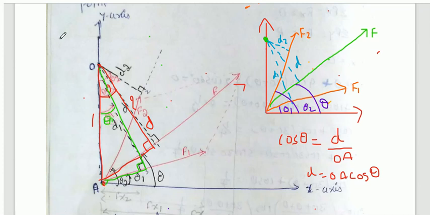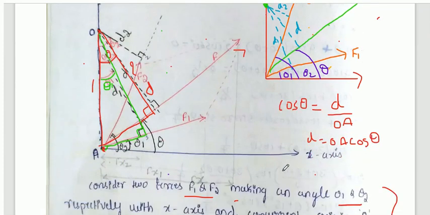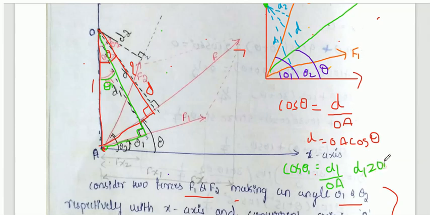So from this, what is the value of cos theta 1 and what is D1? Cos theta 1 from that green triangle is D1 divided by OA. Right? So from this you can write D1 is equal to OA cos theta 1.